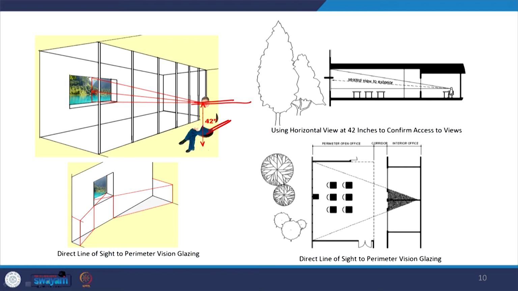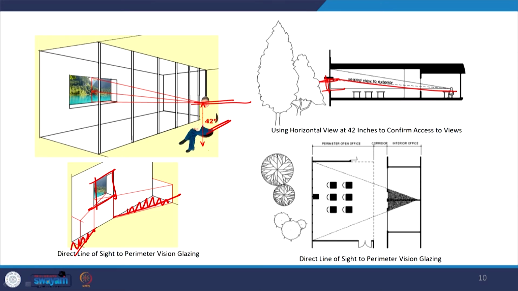We have to eliminate the areas which are right next to the vision glazing, which cannot possibly have the views from the vision glazing, and then ensure that the direct line of sight is not hindered from the vision glazing. Now, we are only considering the vision glazing part of it.